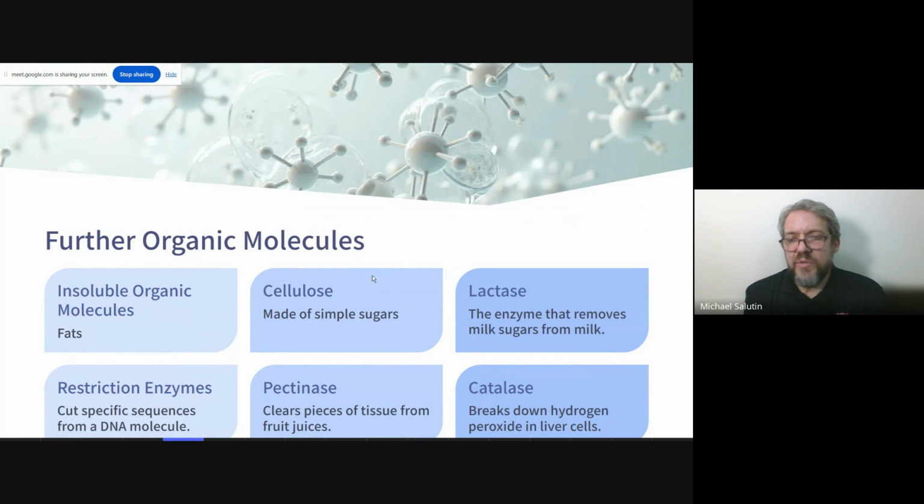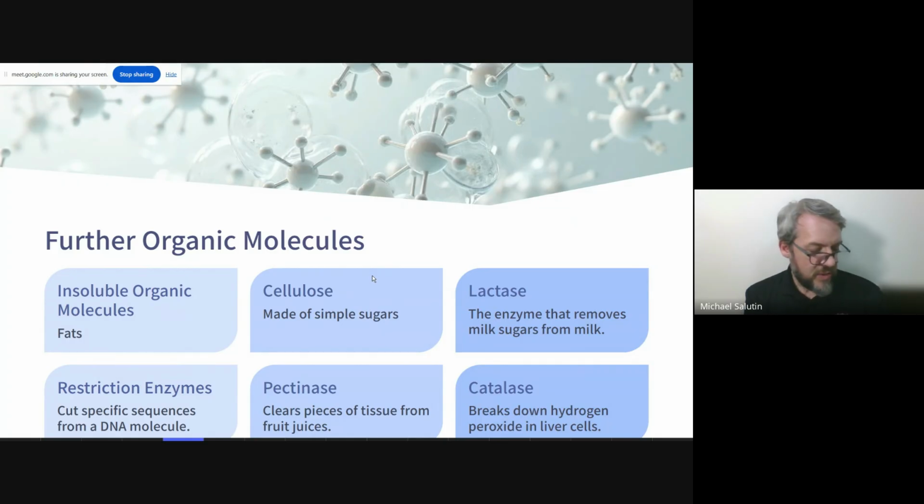Another enzyme you need to know is lactase. Lactase is the enzyme that removes milk sugars from milk. All babies have lactase, and many people lose the ability to produce this enzyme as they grow. A lot of people lose it around the age of, say, 13 or 15.